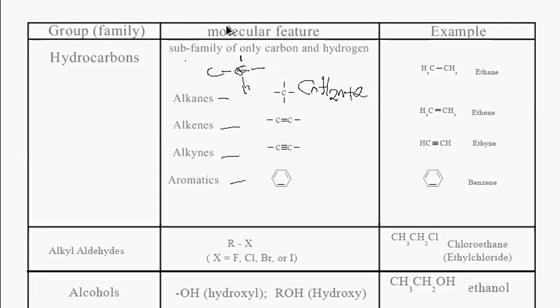Another thing to note about the alkanes is that they are single chained. This is an example of an alkane, ethane, which has just single bonds. Here we have alkenes. Alkenes are hydrocarbons with double bonds, and they have the general formula CnH2n.